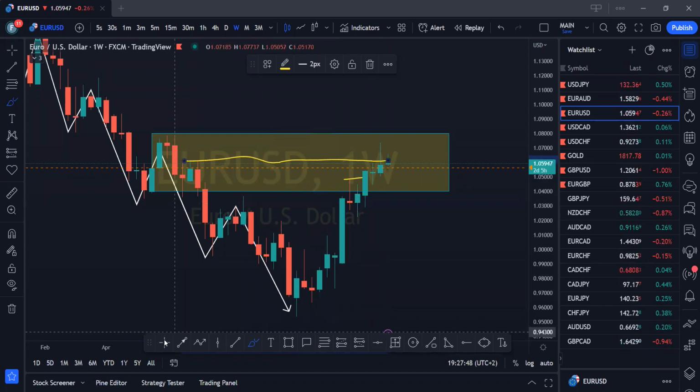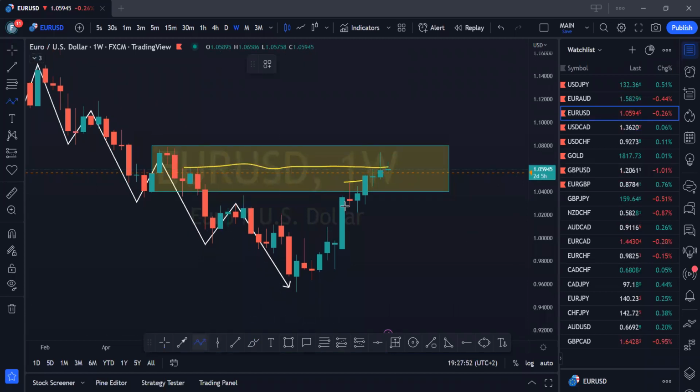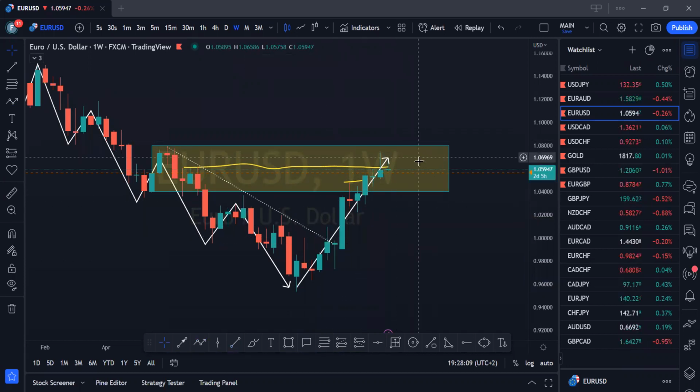And then also, if you check out the market structure here, this is an impulsive move, right, that is taking out a trendline liquidity here. Okay, and then price is also aligning at this supply zone.